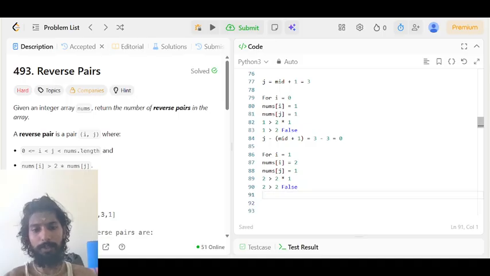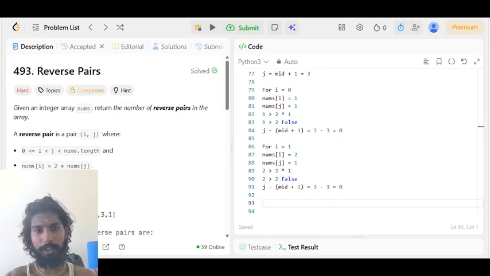So j minus mid plus 1 equals 3 minus 3 equals 0, because j does not move.